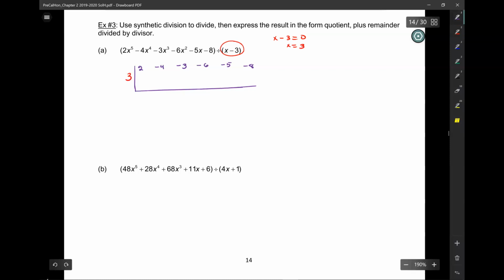Okay, now the first number drops down for free. Now anything that makes its way down here gets multiplied by that 3. So I multiply this way, I get 6. I add this way, and I get 2. I multiply here, and I get -6. I add, and I get what?